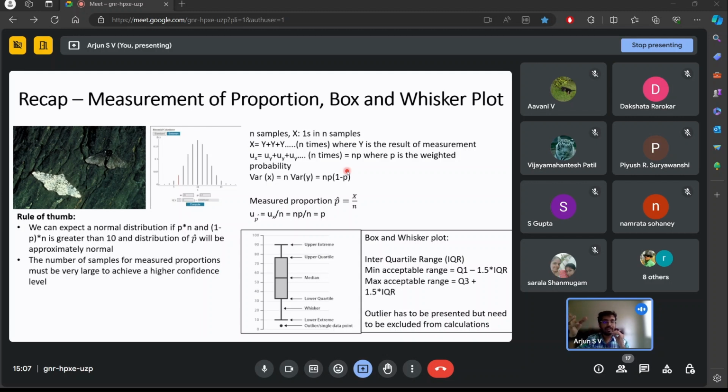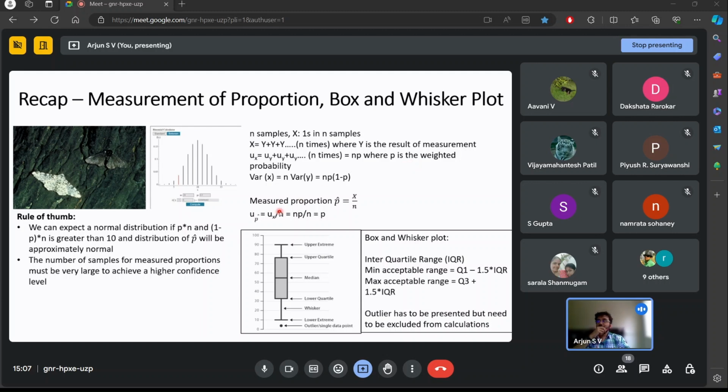So y can have zeros and ones. Depending on the probability of ones and zeros in nature, that will come under p, where p is the weighted probability. Weighted probability means probability times the number of those species plus probability times the number of the other species. So that's what you call weighted probability.